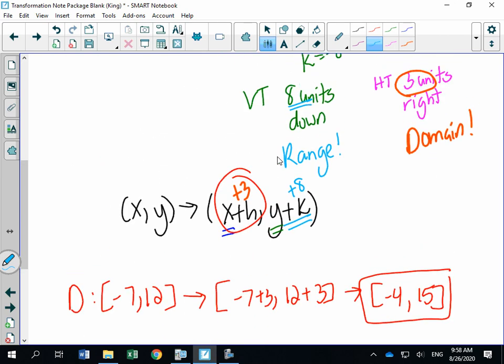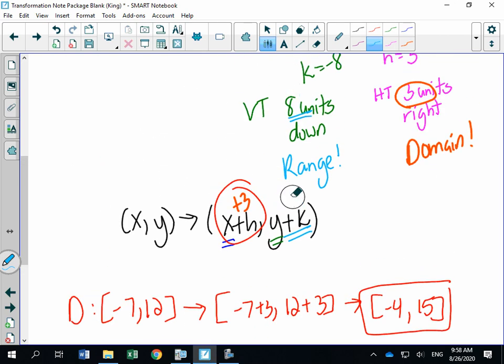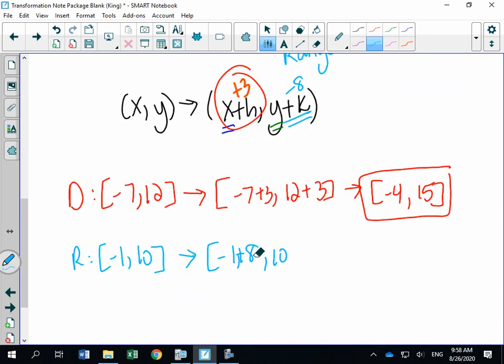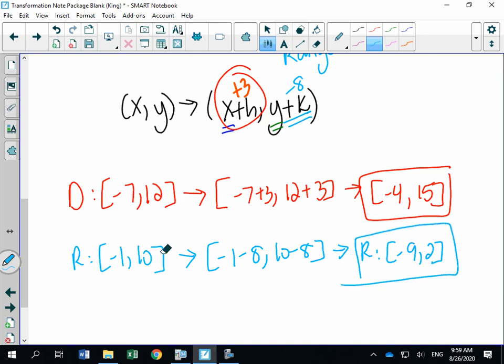That's a mistake I made. 8 units down means -8. So let's try that again. To each of these y values, I need to subtract 8: -1 minus 8, 10 minus 8. My new range, -1 minus 8 is -9, 10 minus 8 is 2. And that would be the domain and range of your transformed function.